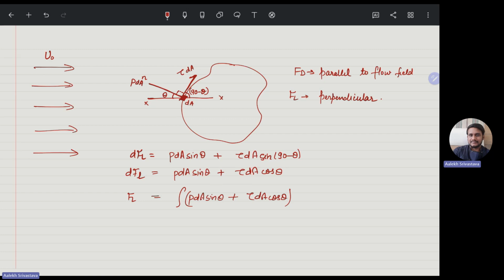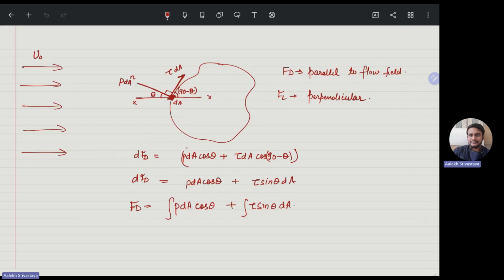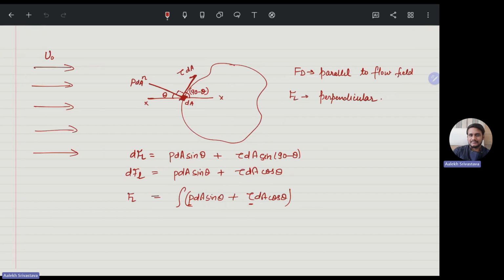Now you can say that your lift force corresponds to the pressure force and the shear force, and your drag force also corresponds to the pressure force and shear force. Therefore, we can say that drag force has two components: pressure drag and shear drag.